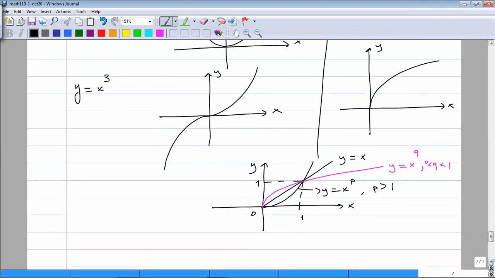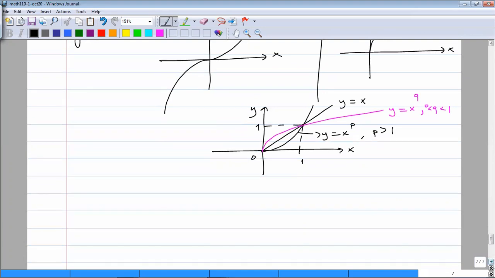Okay, if you have, say, y equals 1 over x. Now, this is not defined at x equals 0. For positive x, it is positive. For negative x, it is negative. As x gets large, 1 over x gets small. And as x gets small, 1 over x gets large.